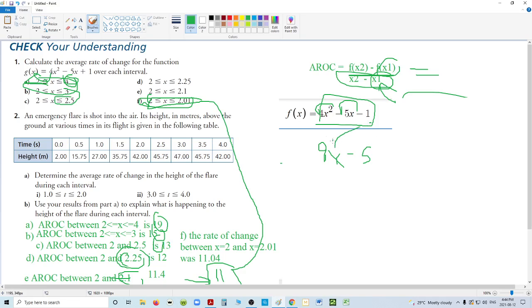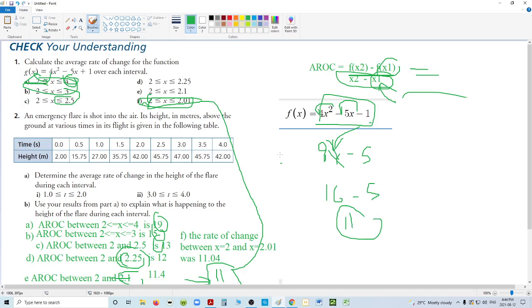If I put a 2 in there, because I'm trying to find instantaneous rate of change at 2. What's 8 times 2? 16. Minus 5. Oh, I might have made a mistake somewhere. 8x minus 5, 16 minus 5. It is 11. There we go.